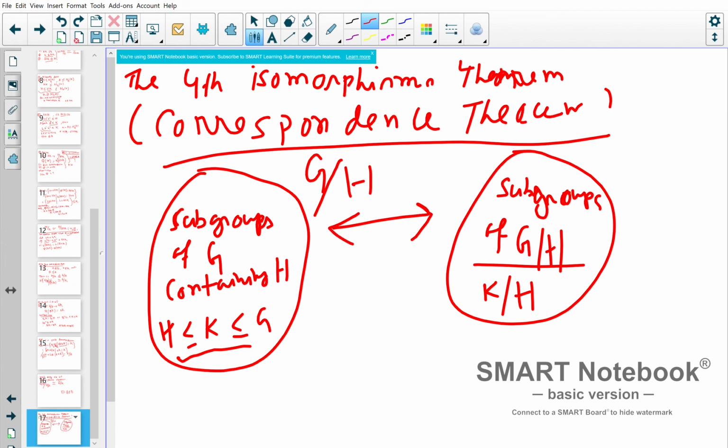What does that mean? It means there is a bijective map between these two sets, right?